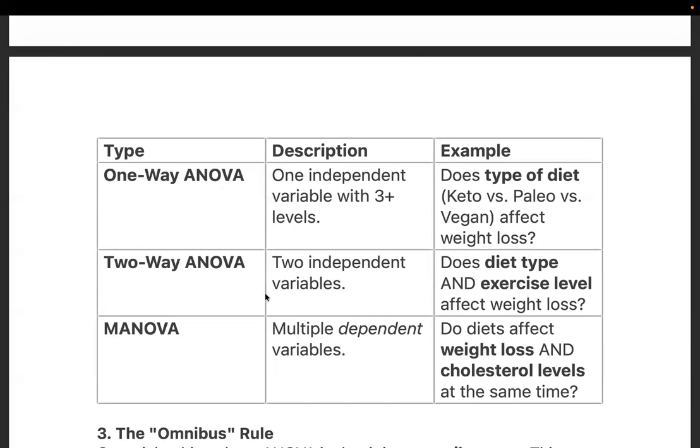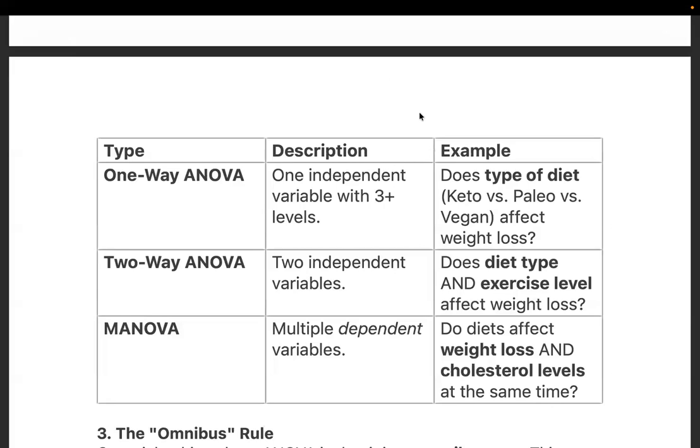And if you have two independent variables, remember the independent variables are the cause, and the dependent variable is the effect. A causal relationship. So the cause is the type of diet, and how does it affect weight loss?